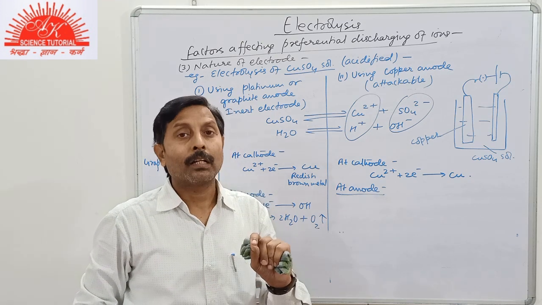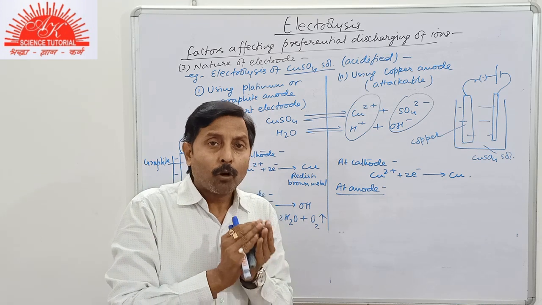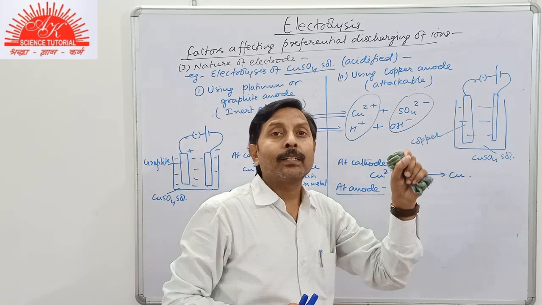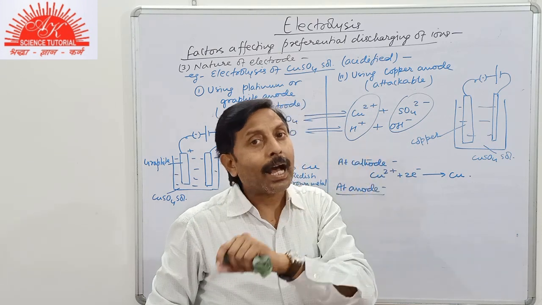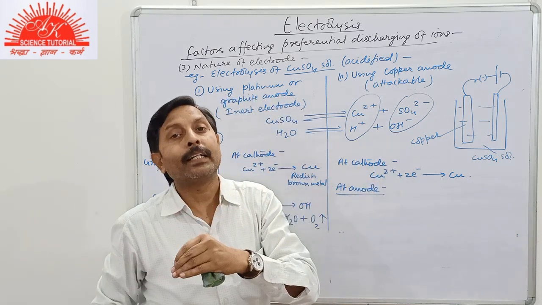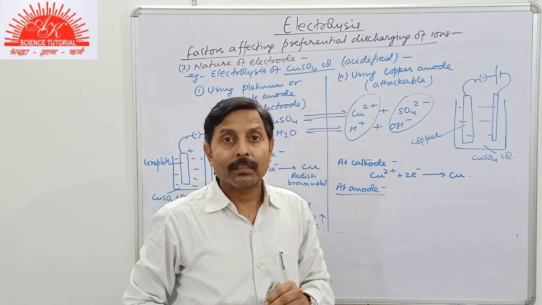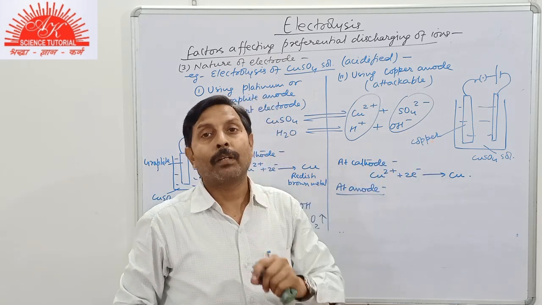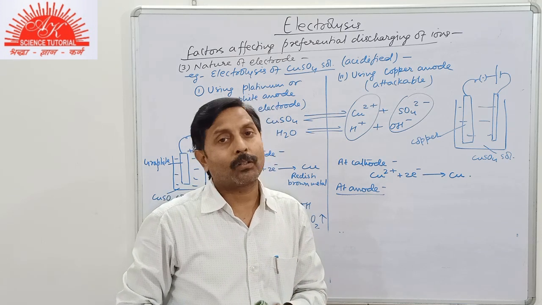As a result, it is the copper atom that will lose its 2 electrons and change into Cu2+ ion that will be entering into the electrolyte. This is why we say that electrode enters into the chemical reaction with the electrolyte.